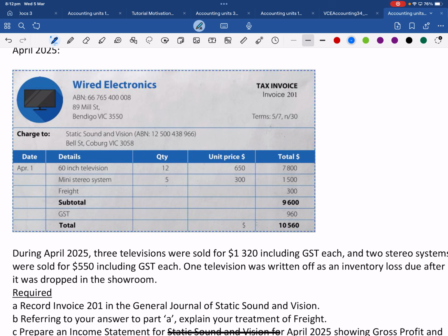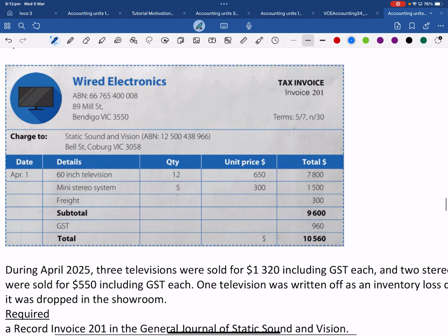You debit inventory 9,600. Sure? Any other answers? No? What do you think? How much do you debit inventory?